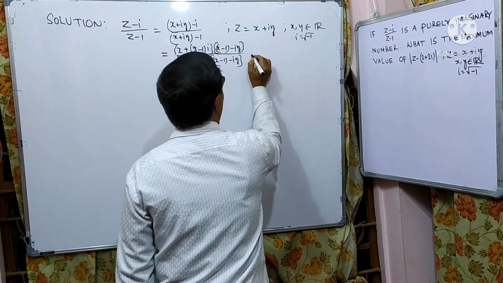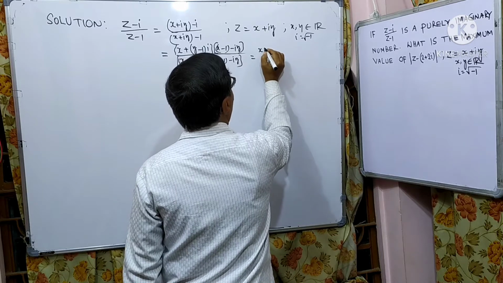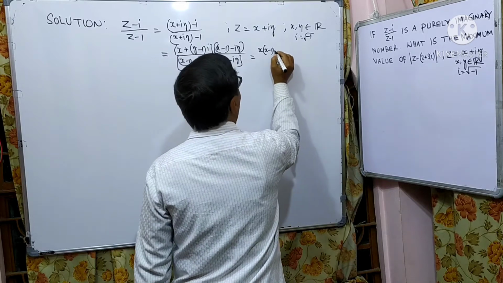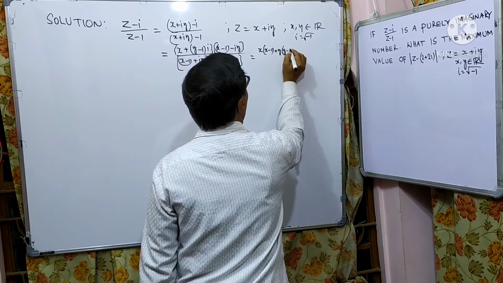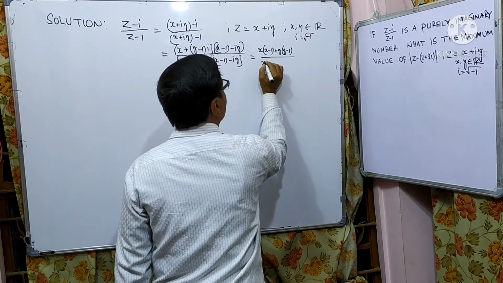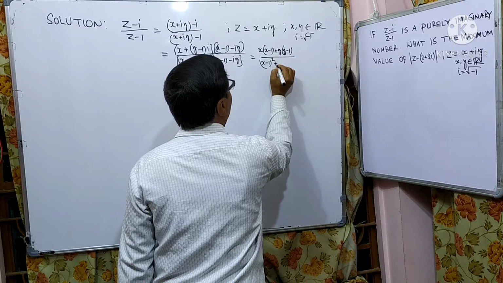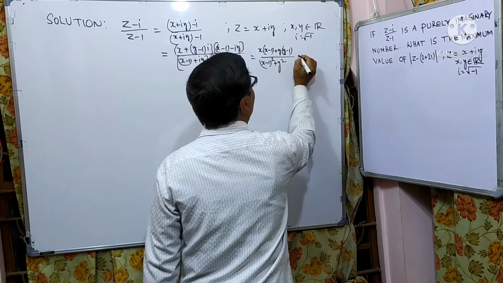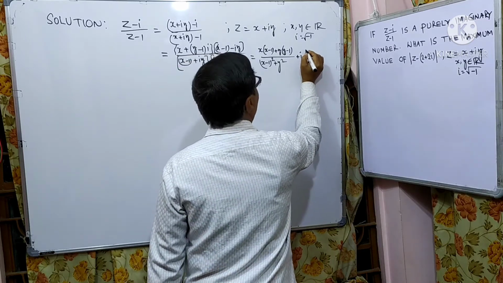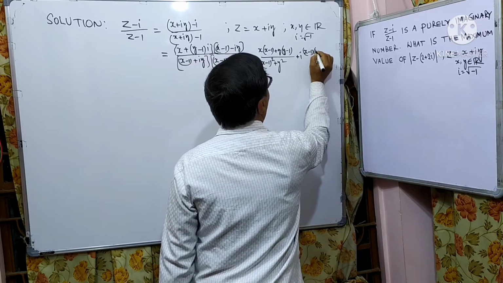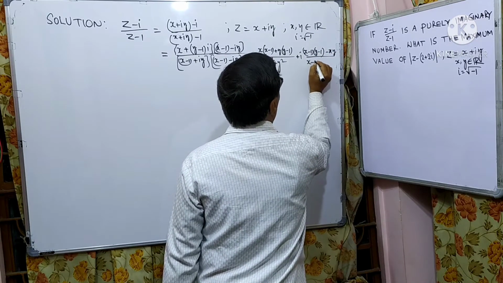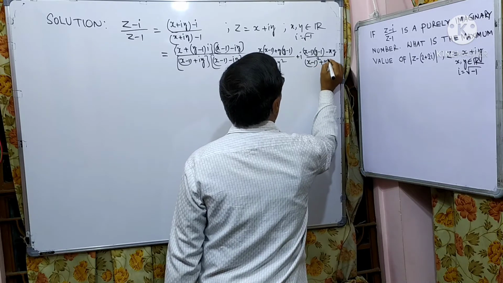So we have (x into (x minus 1) plus y into (y minus 1)) over ((x minus 1) whole square plus y square), and the next part is i into ((x minus 1)(y minus 1) minus xy) over ((x minus 1) square plus y square).